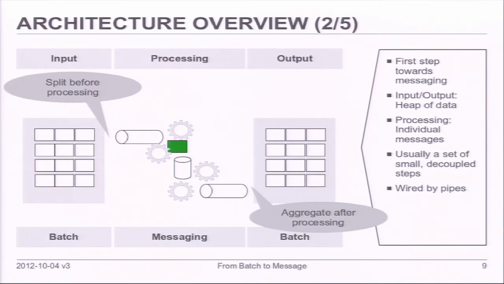If you split up your processing into separate steps inside your application, you get a decoupling of the steps itself. And you can then easily test these steps separately. We will come back to that later. Okay, so that's the first step, keeping input and output the same, but replacing the processing.